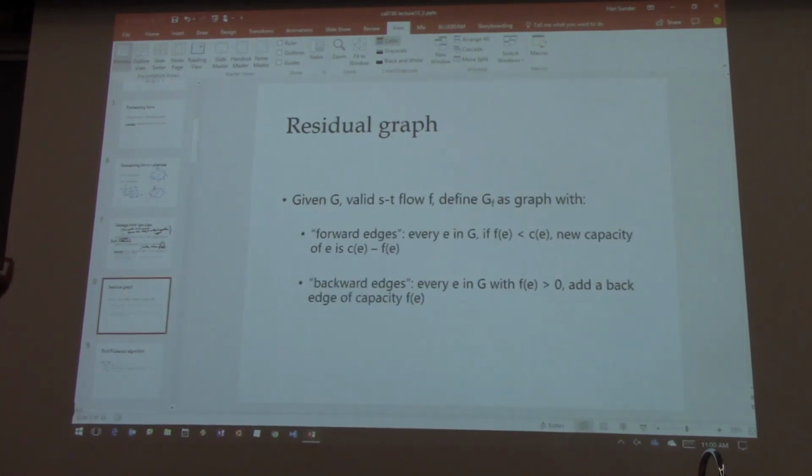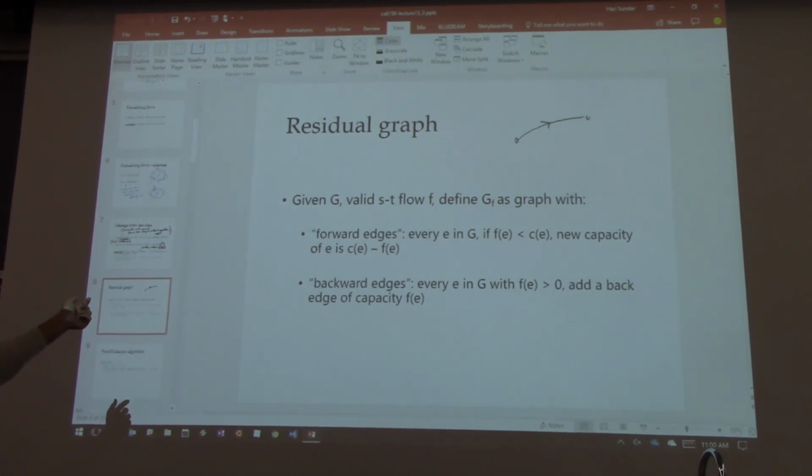But just for clarity, what was the residual graph? You are given a graph and any valid S-T flow F. Then G sub F is a graph where you have the same edges as before.